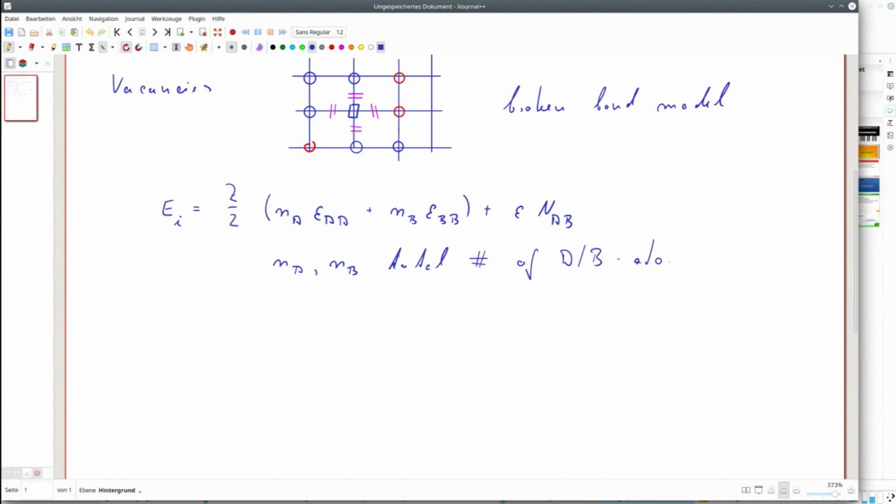And NAB, capital NAB, is the number of AB bonds. Epsilon AA is the interaction energy of an AA pair and so on. And this epsilon is this difference in pair exchange energy.